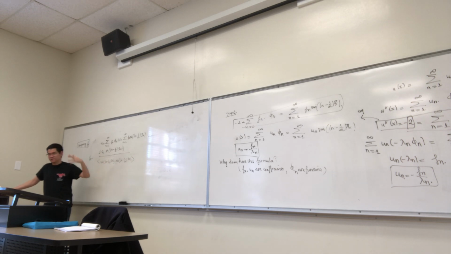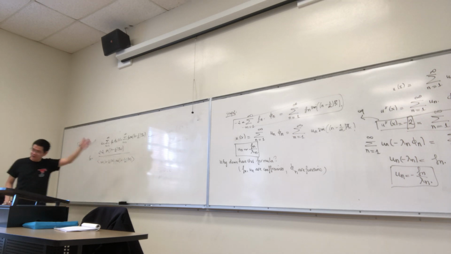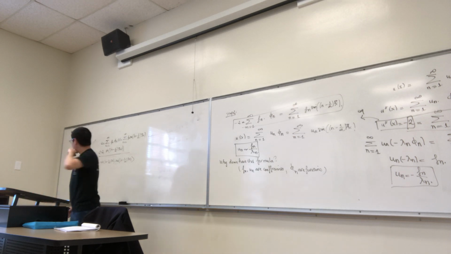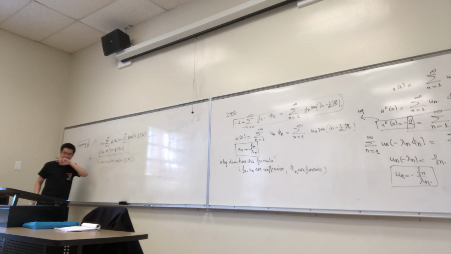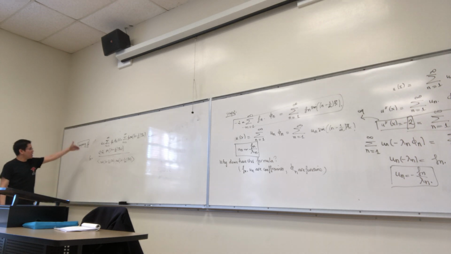It is because the operator is self-adjoint. But I'm going to check that at the end. In the exam, if I don't ask you to check self-adjointness, you don't have to. But if I ask you to check, then you have to check. But this is just one line, right? Other questions?